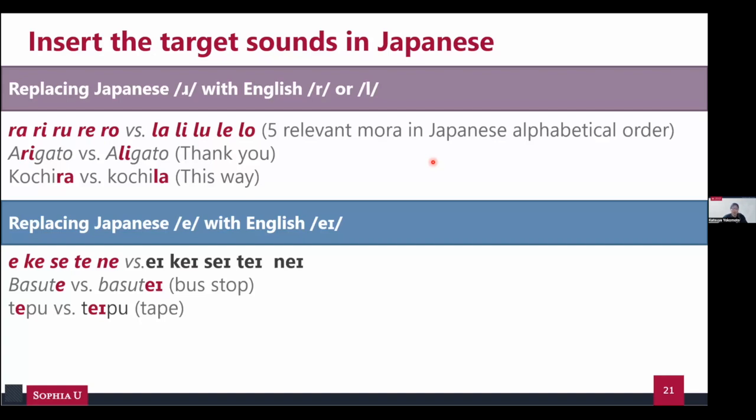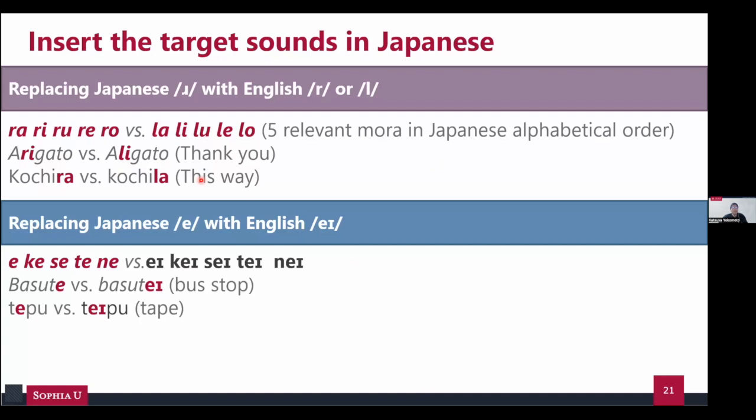It's very strange sounding, radiru. And when you say arigato in Japanese, but using R sounds, arigato, or L sounds, arigato, it sounds different to them. And kochira can be kochira or kochira.